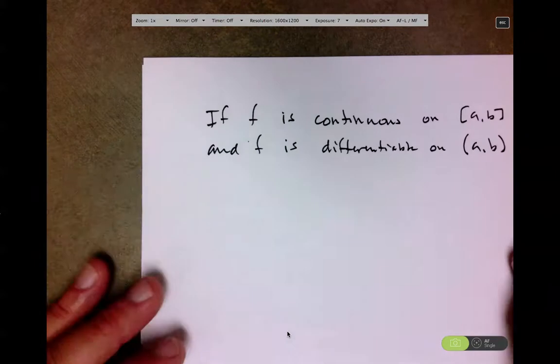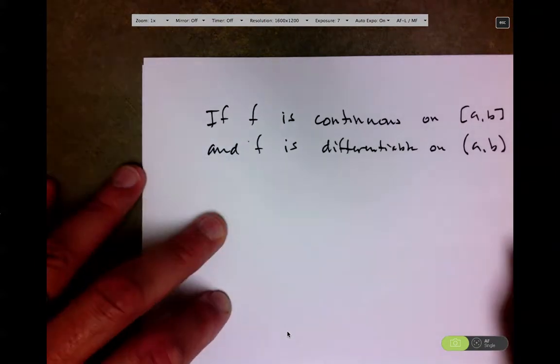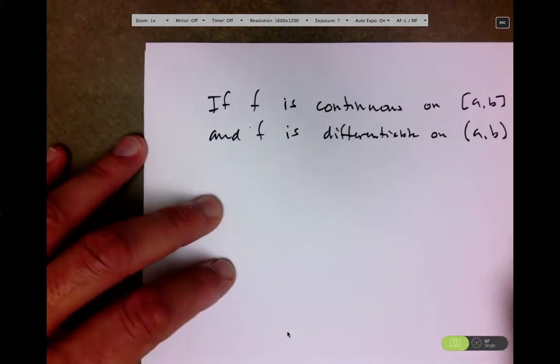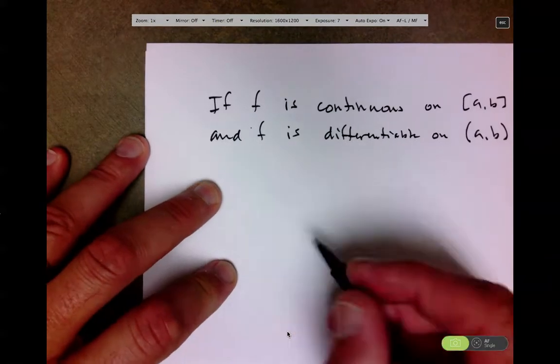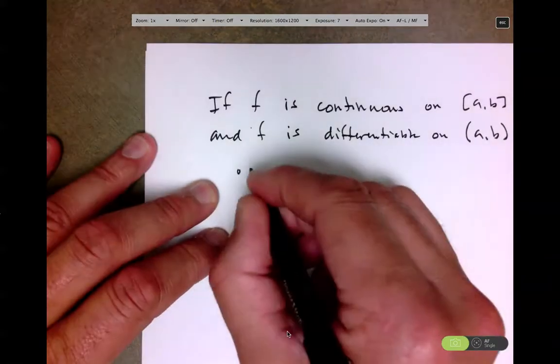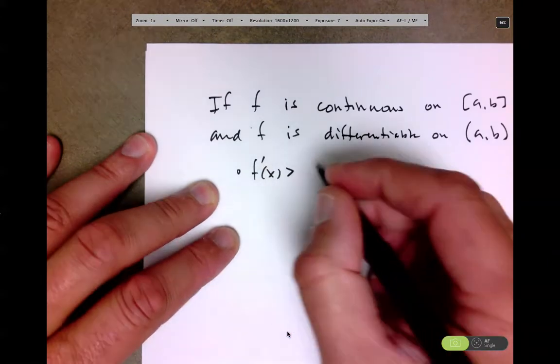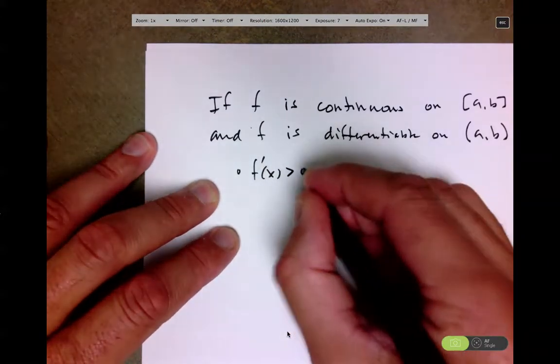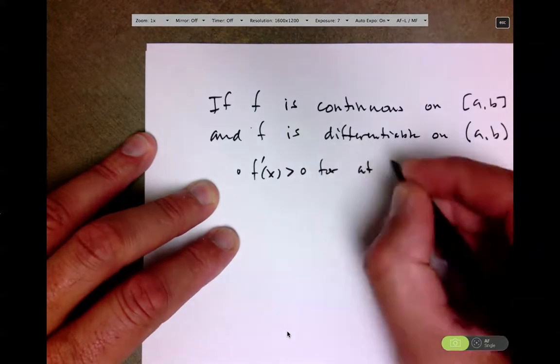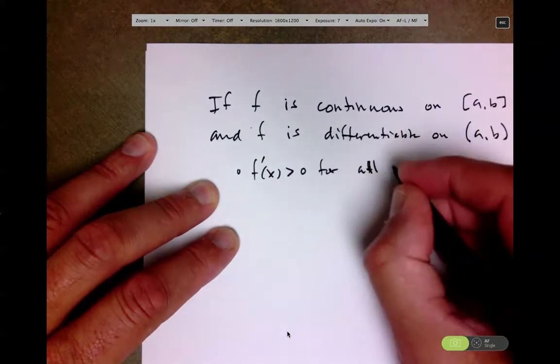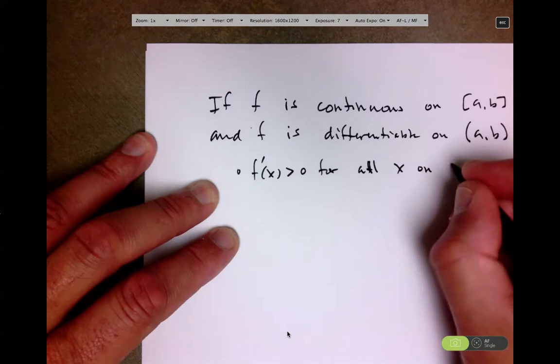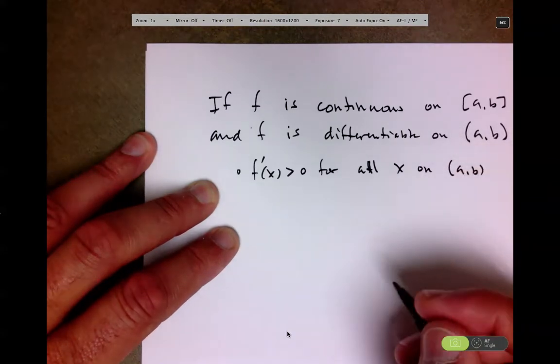So the same hypothesis as the mean value theorem, but this one says, suppose also that f prime of x is positive for all x on the interval from a to b.